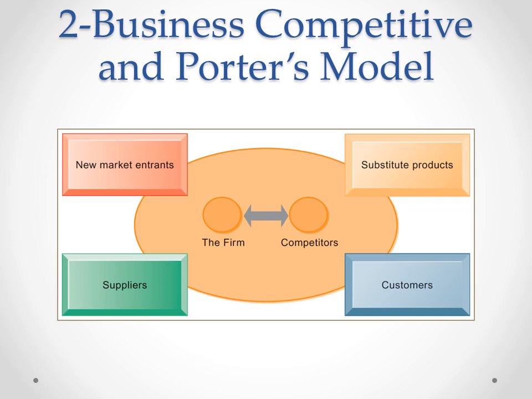Let us move to the fourth challenge, which is suppliers. Suppliers represent a power and can affect a firm's profits, especially if the firm cannot increase the product or service price as fast as suppliers can. Any firm can handle this by keeping control over suppliers by having more and different suppliers.